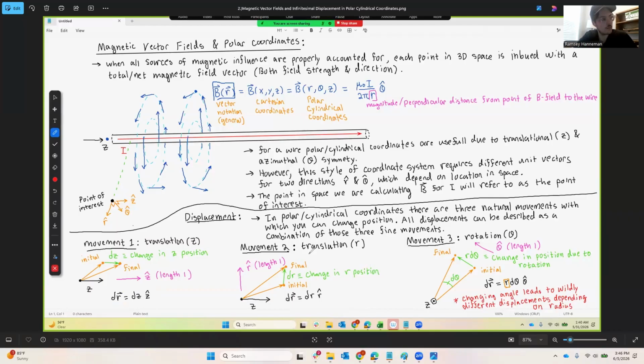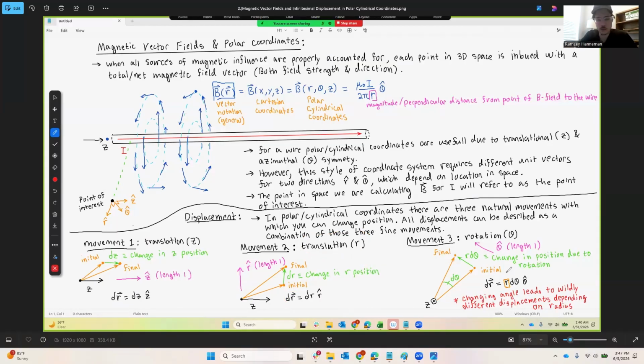Movement two is radial translation, where you can step further away from the wire. Because r is truly a position, not an angle, the change in that position gives you a displacement. So dr times r hat gives you the translation in the r direction.